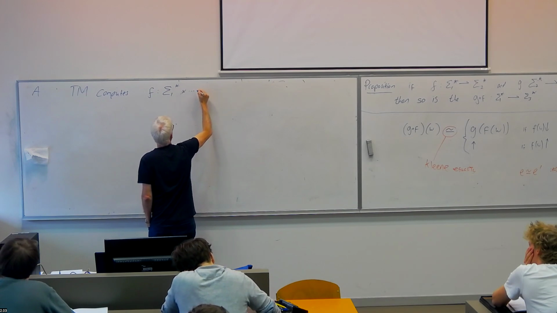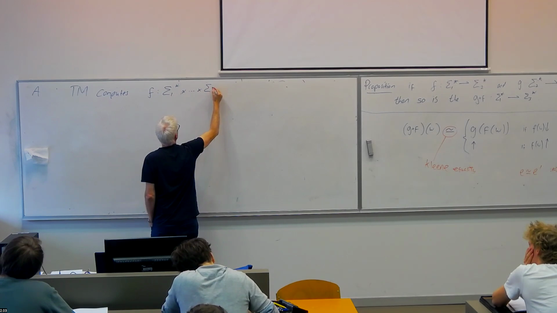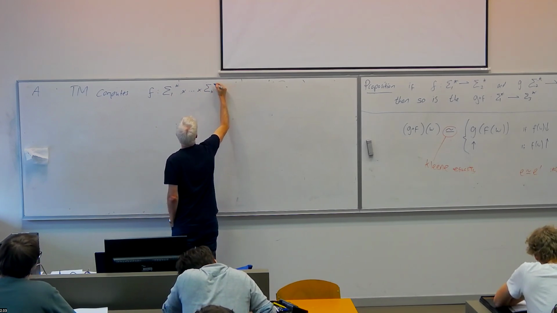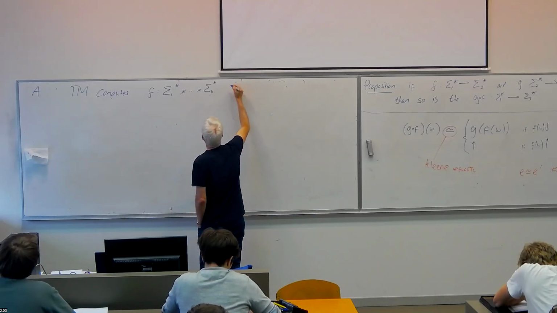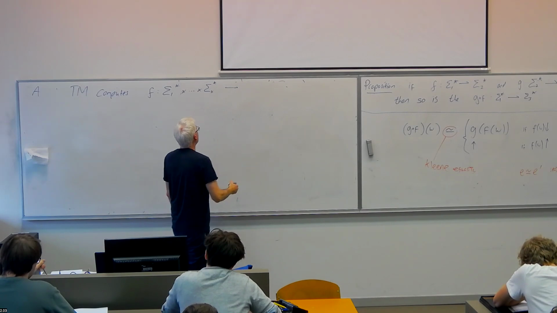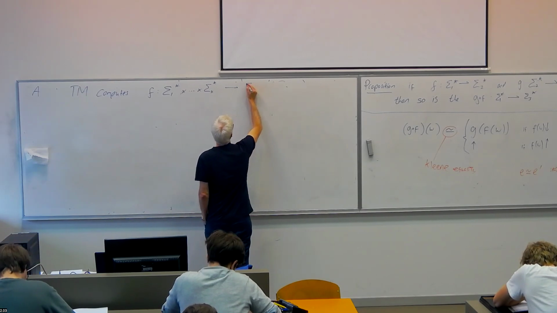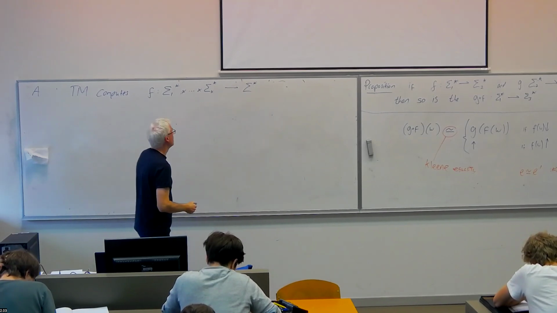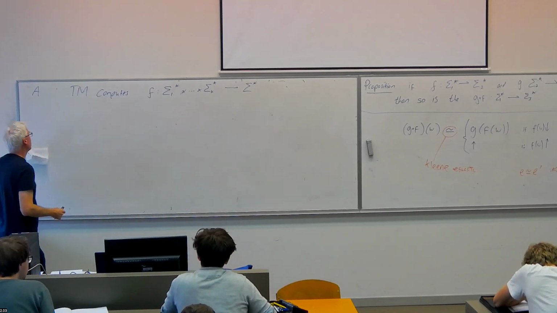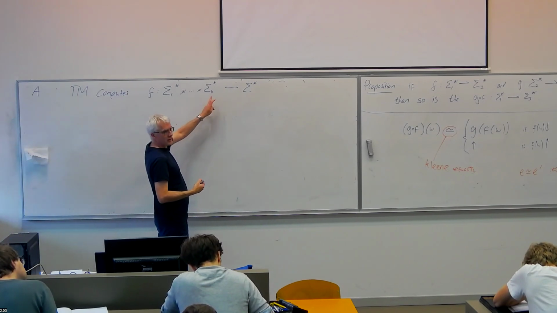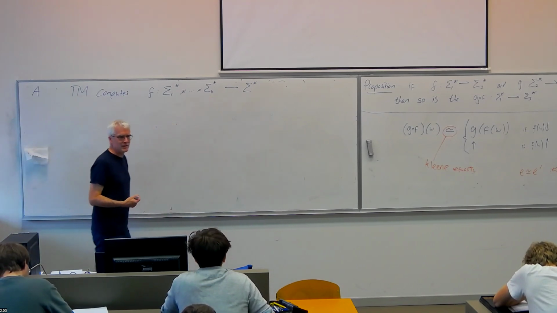Its domain is a product of the words over the alphabets sigma 1 up to sigma k, and it's again a partial function, returning a word over an alphabet we'll call sigma. So now we need to give a Turing machine k different arguments.